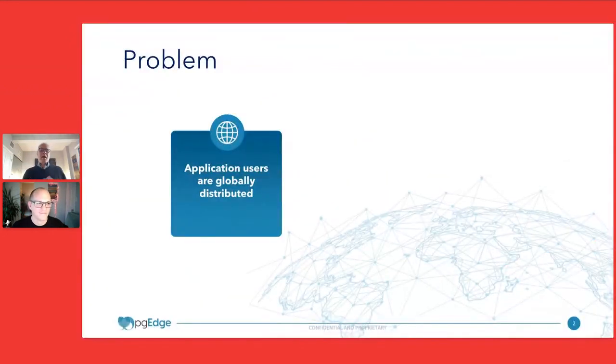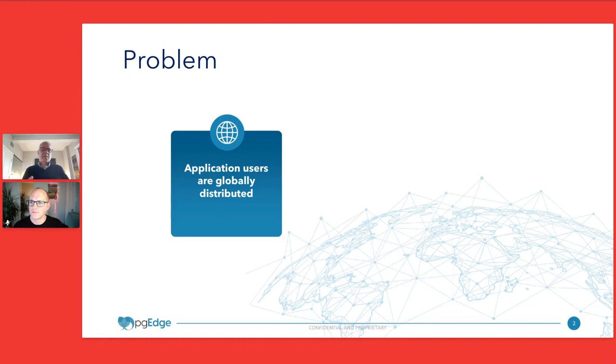If we think about today's applications, they need to be always on, always available, and always fast. And if you have global users, or even users that are spread across the continent of North America, you're going to be running into this problem of latency.